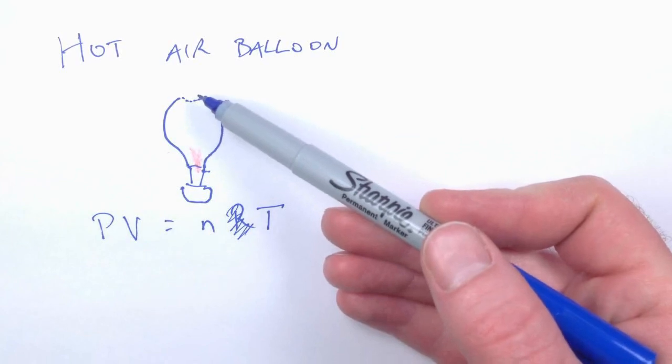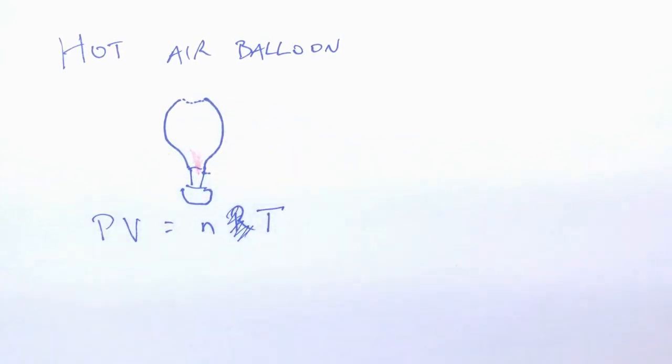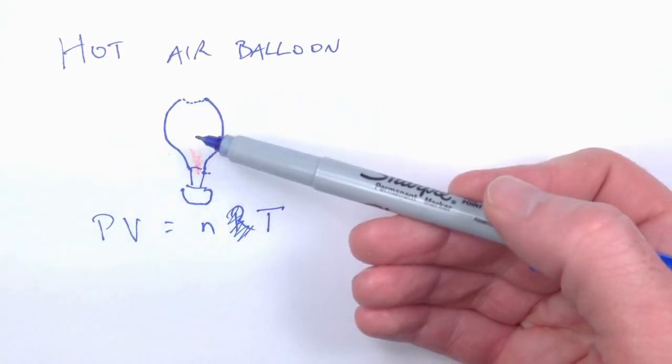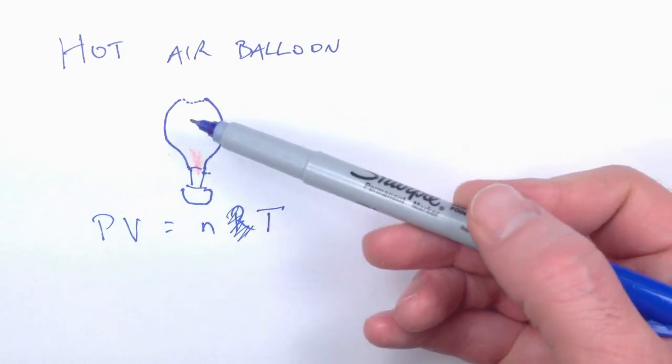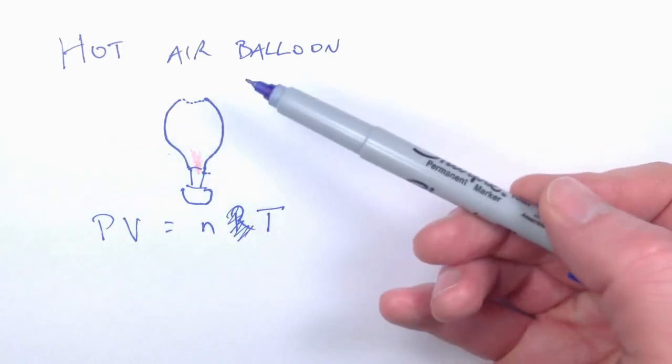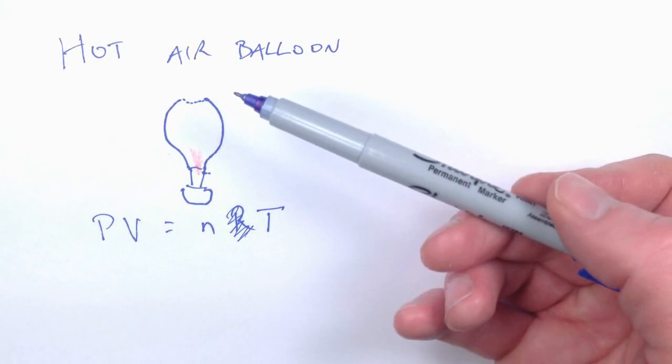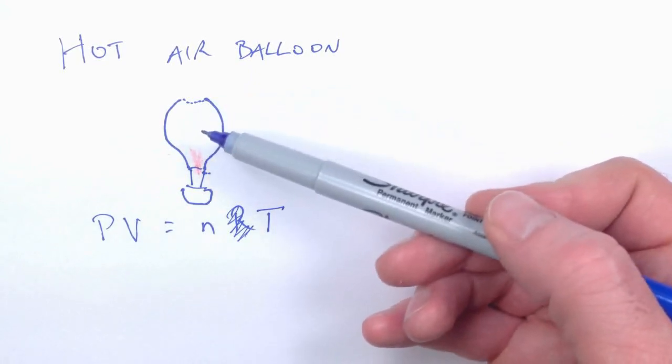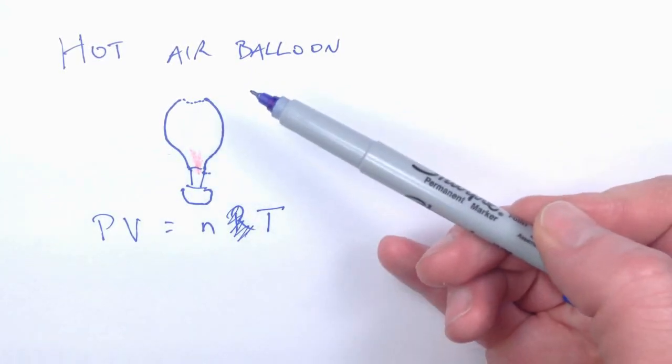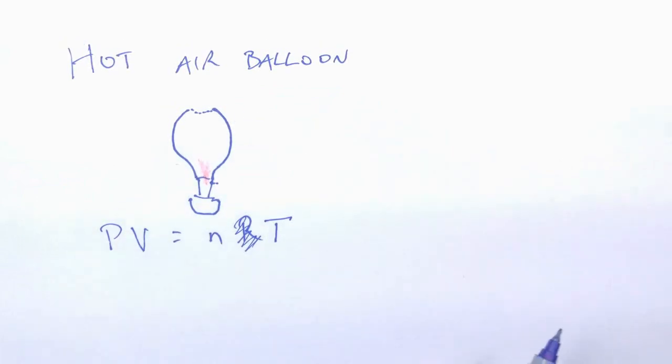There's an opening at the top, there's an opening at the bottom. If there was a higher pressure inside than outside, then the air would just immediately rush out and the pressure would be equalized. Or if there was a lower pressure inside, then the air would immediately rush in and the pressure would be equalized. So it turns out in a hot air balloon, the pressure inside and outside will stay the same at 1 atmosphere.